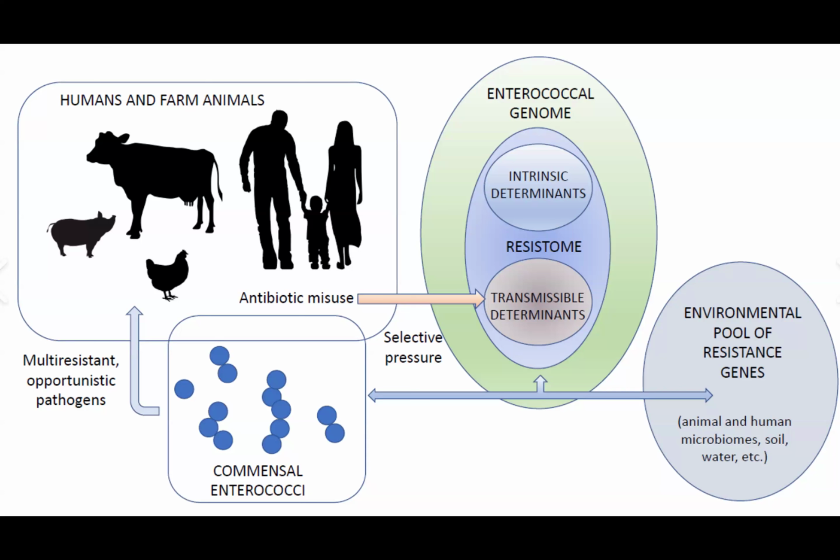We know that rising antimicrobial resistance is a threat to global health as a whole, and surveillance of antimicrobial resistance from a One Health perspective is quite important for control and management strategies. The natural intrinsic ability of enterococci to resist multiple classes of antimicrobials, which we'll go through, enables them to be quite persistent and to survive across this One Health continuum.